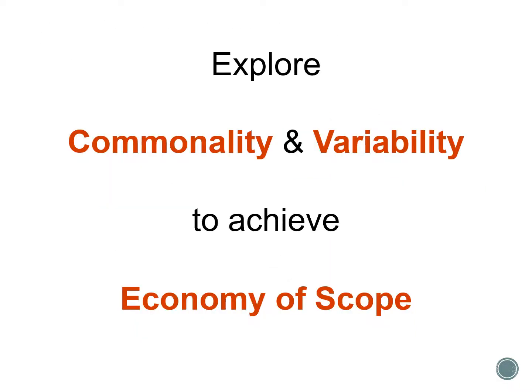So basically, we exploit the commonality and variability to achieve the economy of scope. Like mentioned, the products we develop might live for up to 30 years, because usually different manufacturing industries, for example, aren't that keen on upgrading their stuff every year or every month or every day.